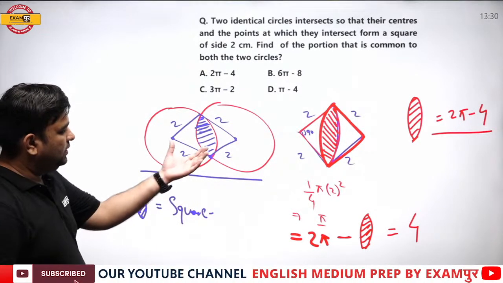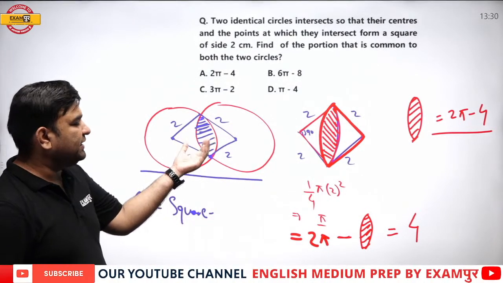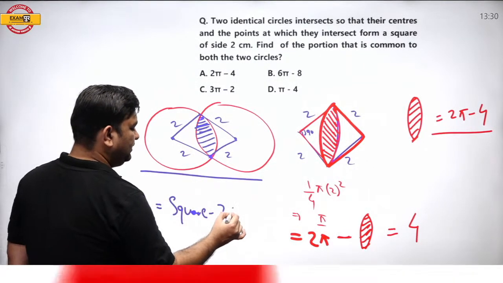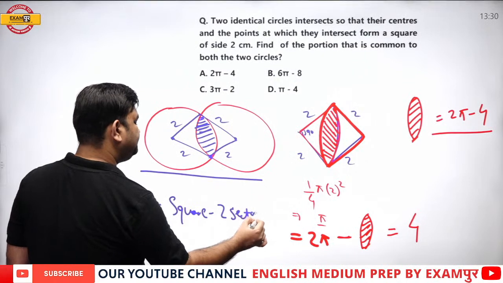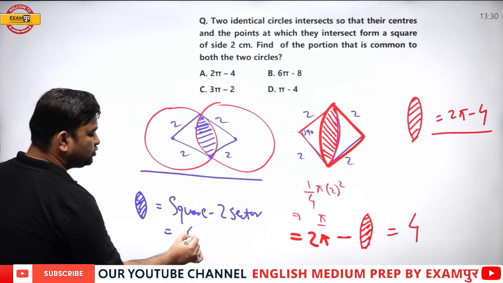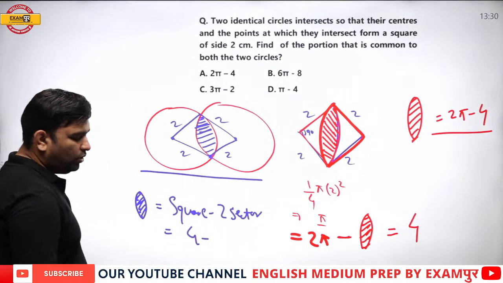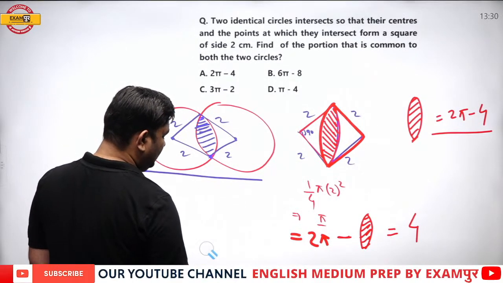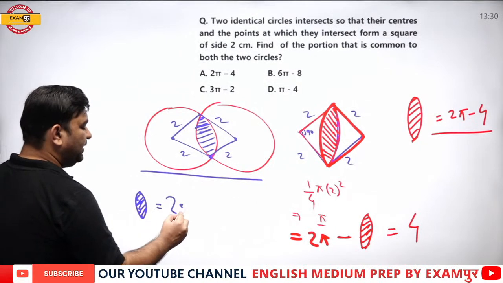Now, if you subtract 2 sectors out of it, it is going to come. So, 2 sector area. Square area is 2 square, which is 4. Or you can say 2 sectors minus a square, because 2 sector is a bigger area.